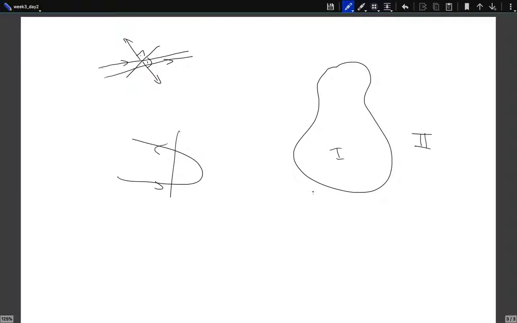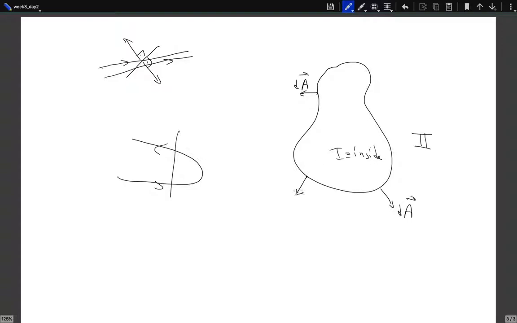So if region 1 is inside, then the area vector for that surface, let's say at this point, will be pointing in this direction. The area vector at this point will be pointing in this direction.